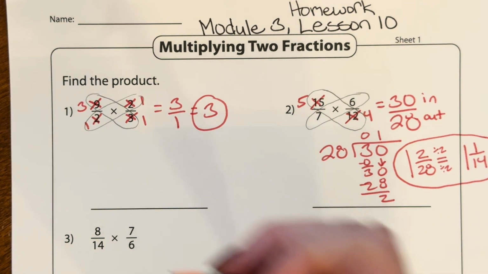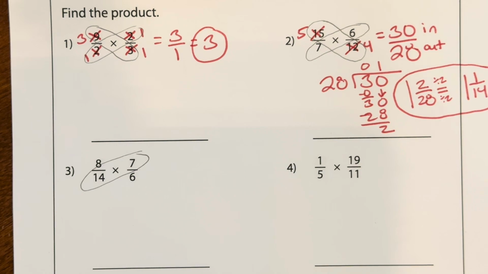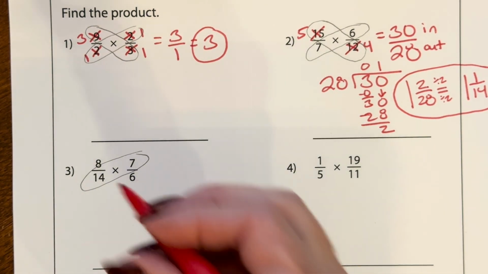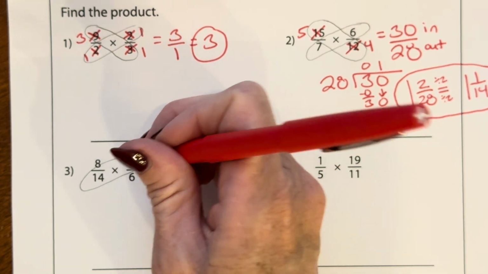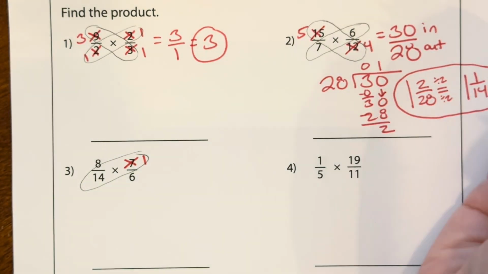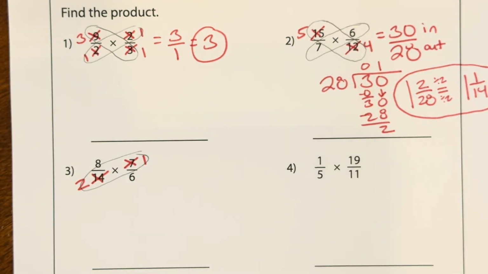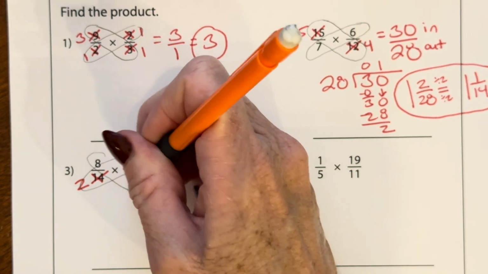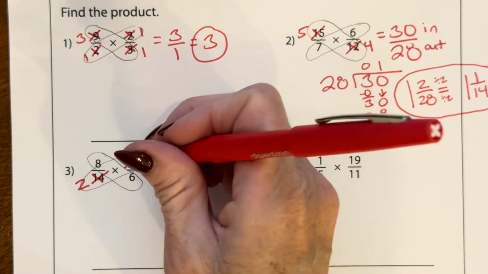Okay, on my next one, if I look at 7 and 14, I see that 7 is the factor of both of them, the greatest common factor. So 7 times 1 is 7, and 7 times 2 is 14. And for 8 and 6, they're both even, so I know 2 will work.